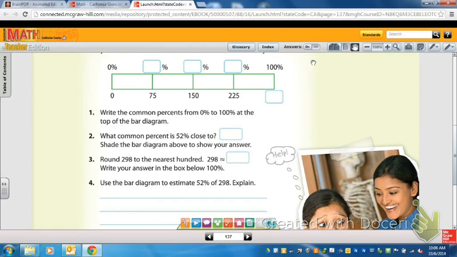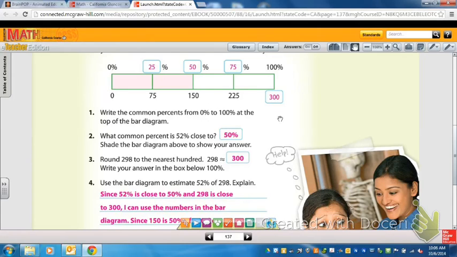Number 2 says, what common percent is 52% close to? That would be 50%. Number 3 says, round 298 to the nearest hundred, which would be 300. So use the bar diagram to estimate 52% of 298.